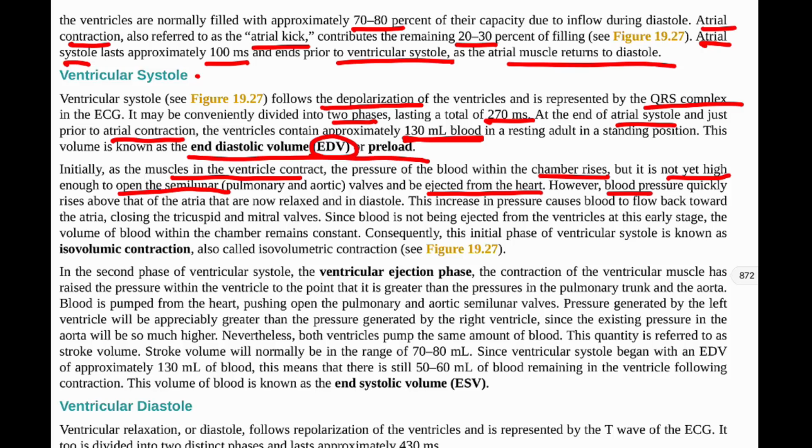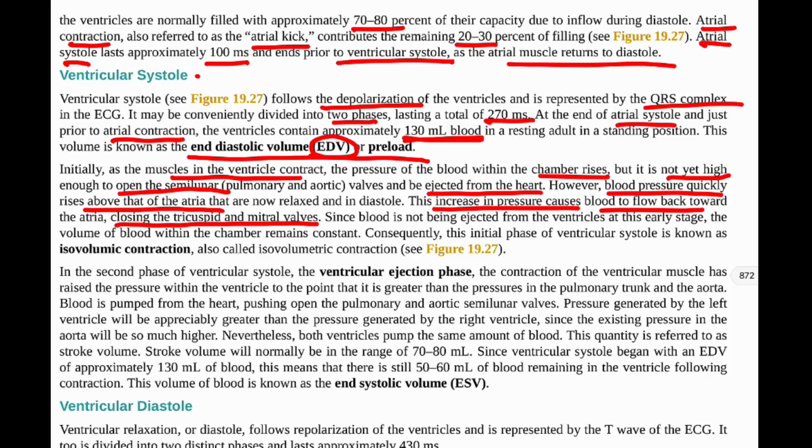However, it's rising enough to where the atria is a lower pressure area than the ventricles are. And then what happens is the increase in pressure in the ventricles is going to cause the blood to flow back toward the atria, and then that's going to actually close the tricuspid and bicuspid valves.